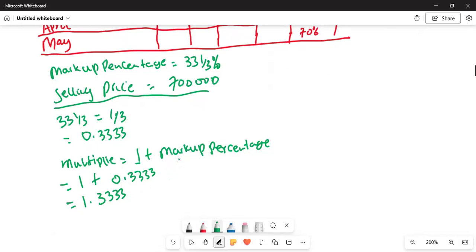So the 1 represents the original cost price, and the markup percentage, 0.333, represents the additional amount added to the cost price. Hope this makes sense to you. So now we are moving on.